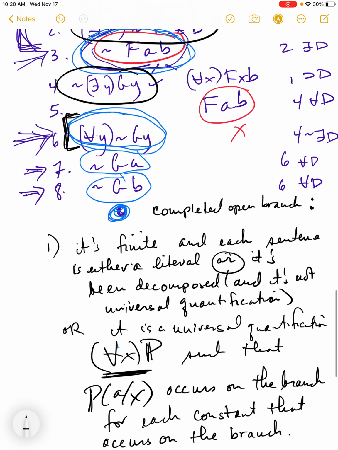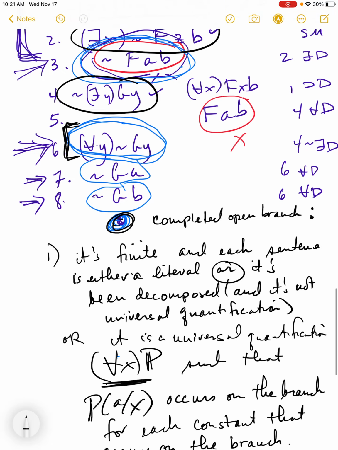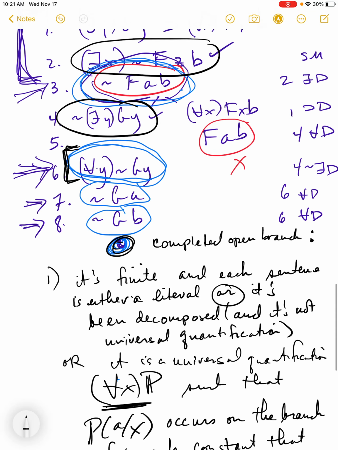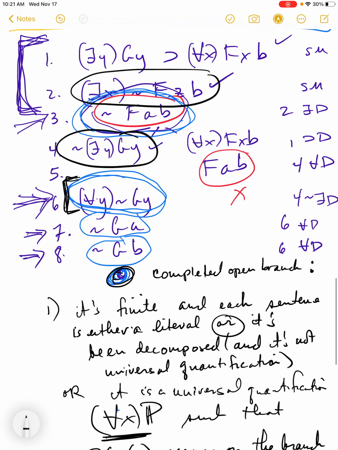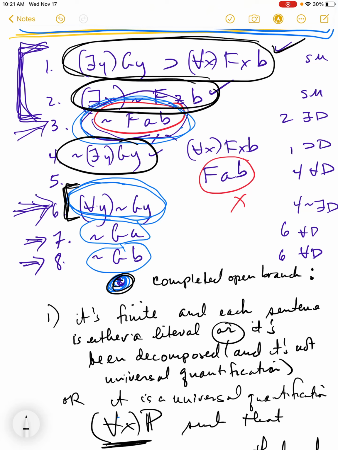Okay? So what do I mean by that? Why do I think that this branch over on the left is a completed open branch? Well, first of all, so far it's finite, right? Everything that's not a universal quantification has been decomposed, right? That's been decomposed, that's been decomposed, that's been decomposed. And if it's a universal quantification, then I've decomposed it using each of the constants that appears on that branch.